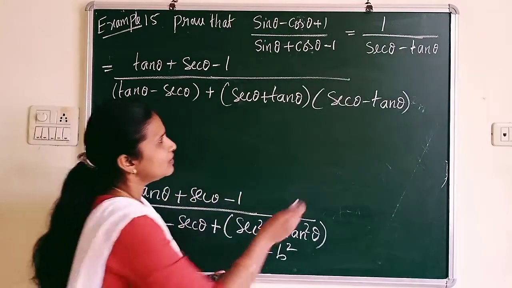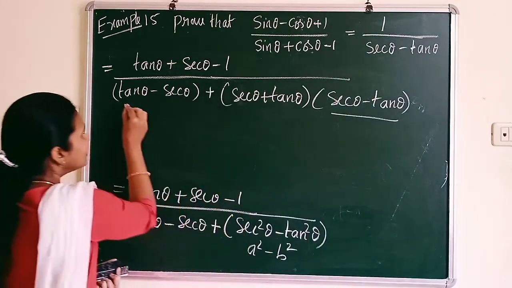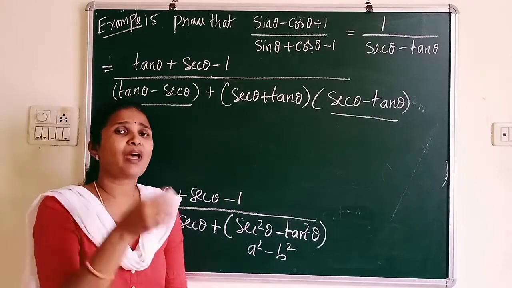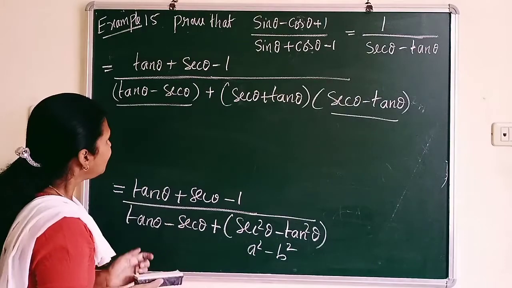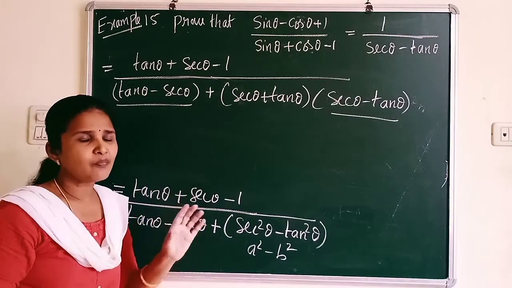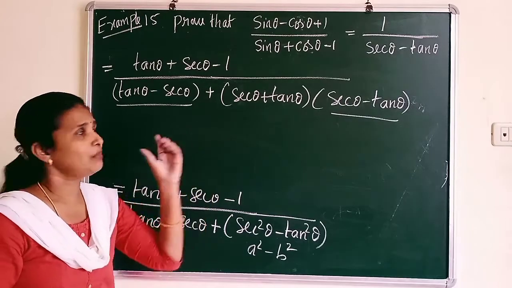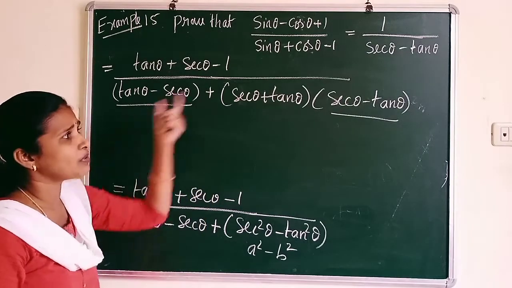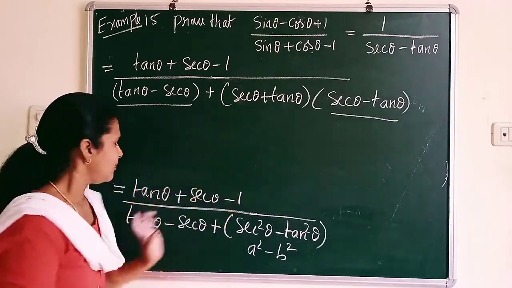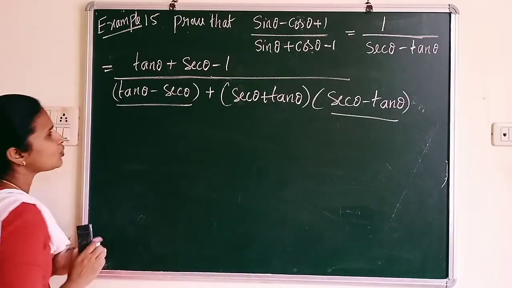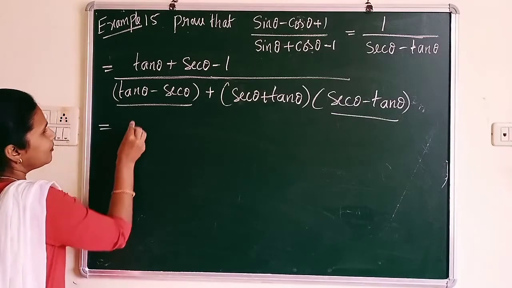You can see this binomial and this binomial look the same but in reverse, and you have a minus in the middle. If it is plus, nothing to worry, you can directly take this binomial common. But here I cannot take tan minus sec common because you have there sec minus tan.